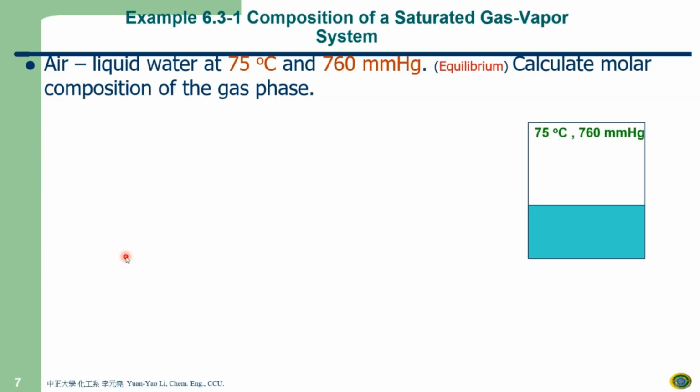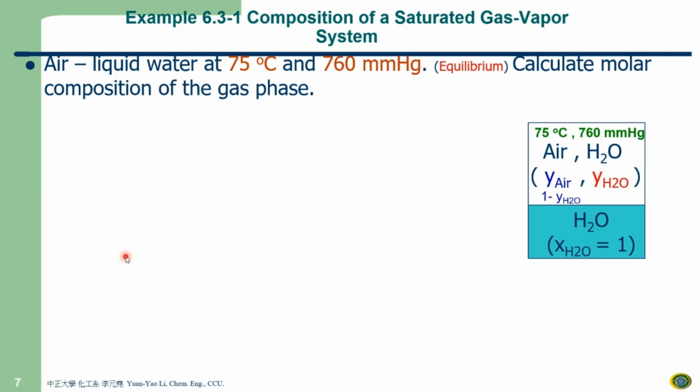Here I give you 75 Celsius and 760 millimeters of mercury as total pressure. This is air and water, and of course there are only two species and only one condensable species, which is water. We understand the molar fraction of the water in the liquid phase is 1.